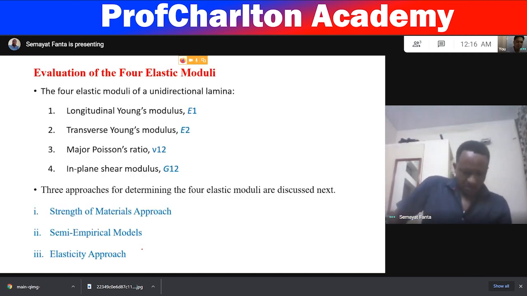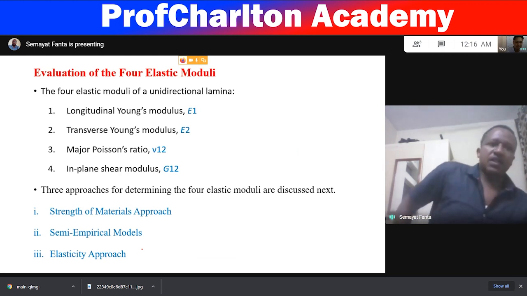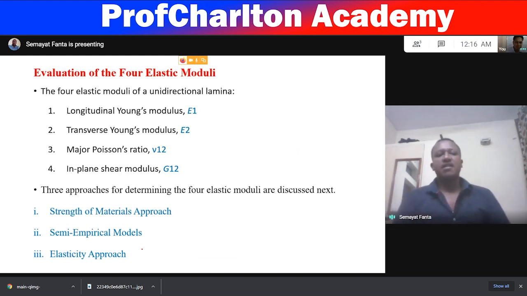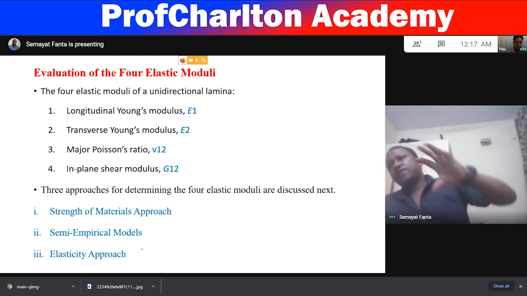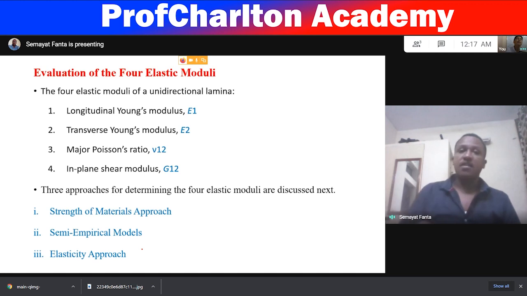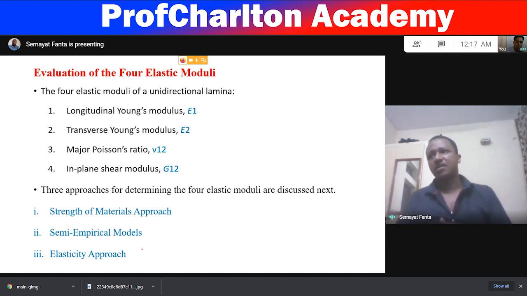So the next topic which we are going to see is how we can find the 4 elastic moduli. Actually, the basic aim of this chapter is to determine 4 elastic constants, 5 strength parameters, and 4 hygrothermal properties, that is, the moisture terms and the thermal expansion terms.